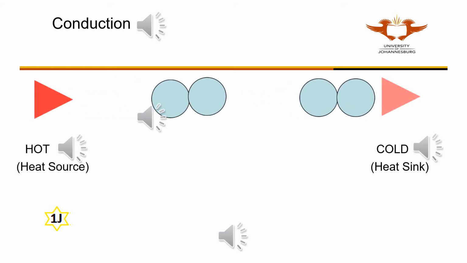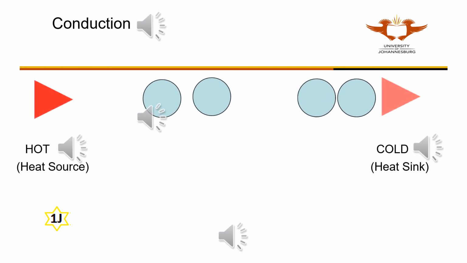In this way, 1 joule of heat is conducted through the wall every 5 seconds, leading to a heat transfer rate of 0.2 watts.